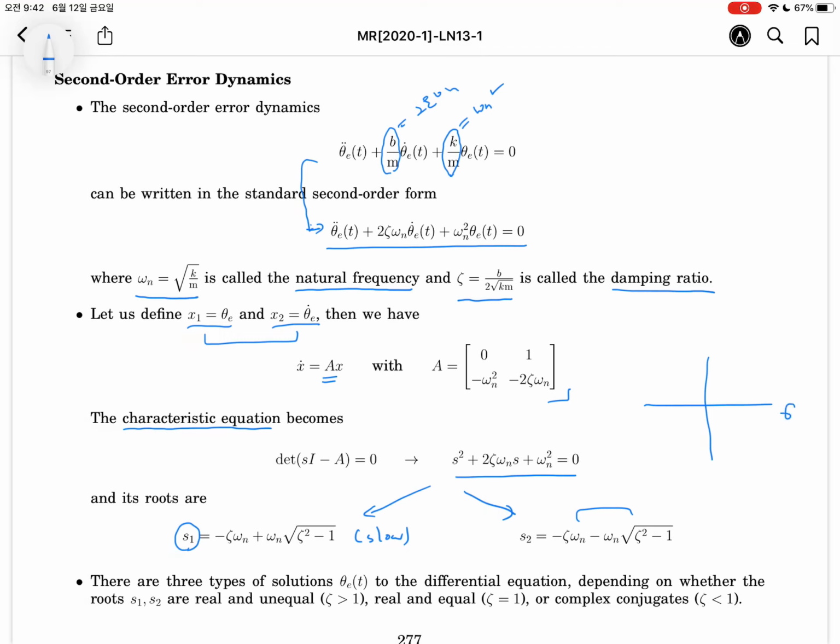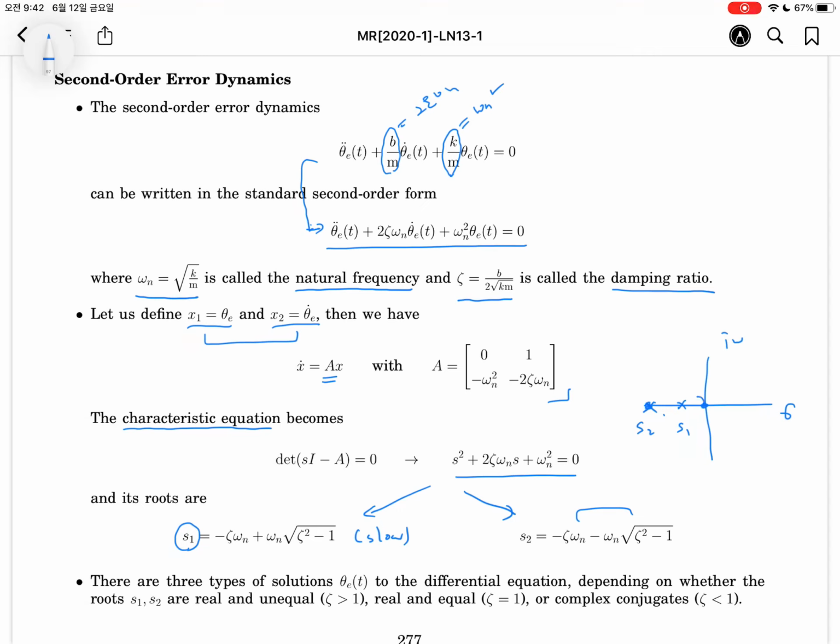So if you consider the sigma axis, the real number axis, and the imaginary axis, j omega, S1 will be near to the origin, and S2 is far from the origin compared to S1. Do you remember that?